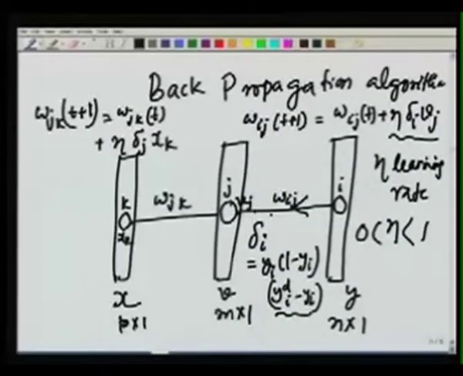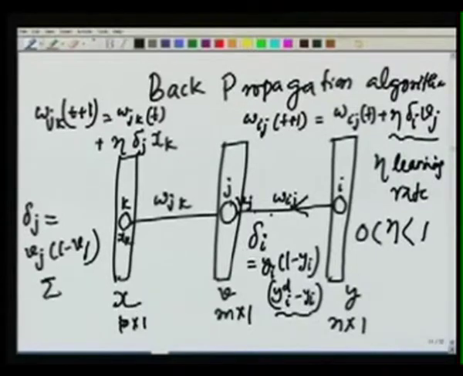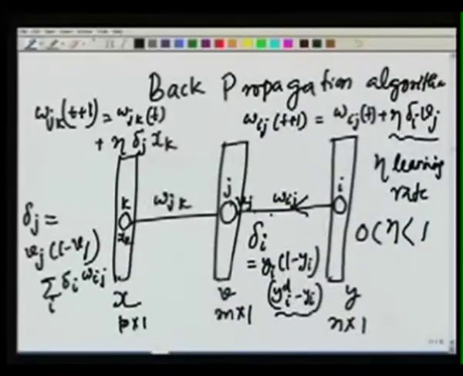Of course, delta j has a different value than delta i, but it also has a unique structure. Delta j is vj into 1 minus vj into the sum over i of delta i wij, where i runs over the output units from 1 to n. So, this is the error being propagated from this unit. This is the error delta j.